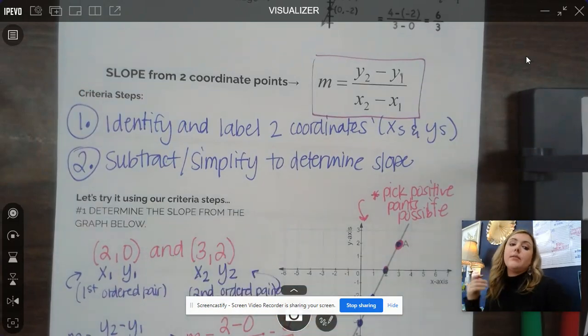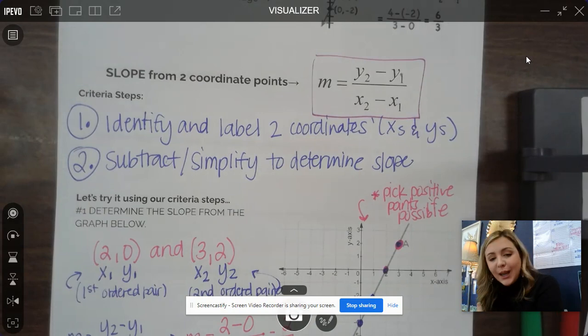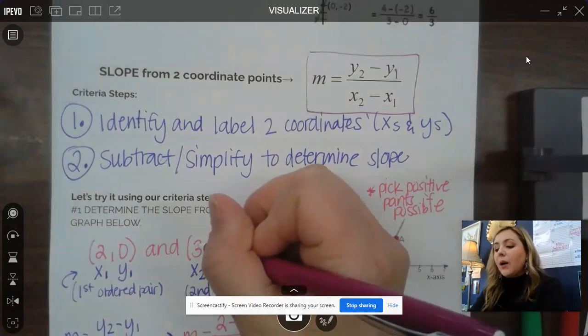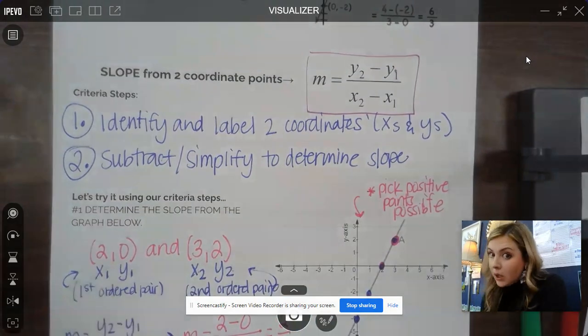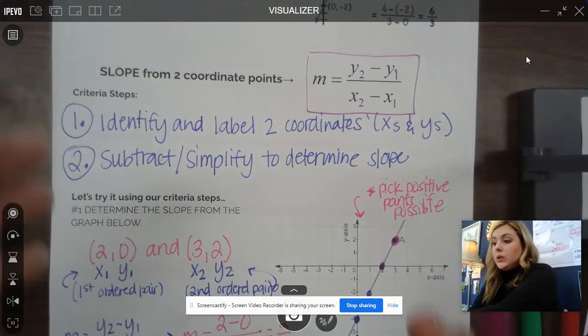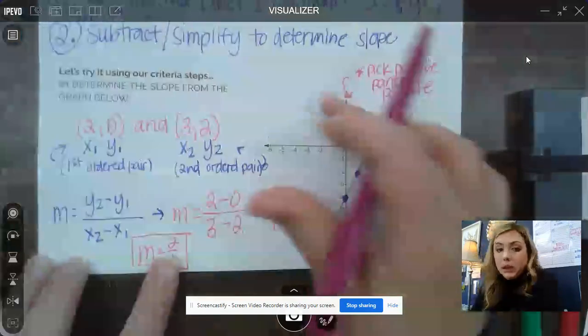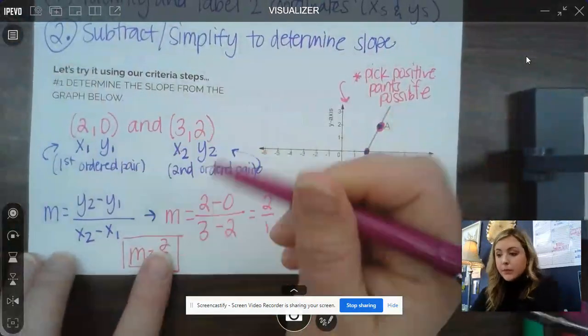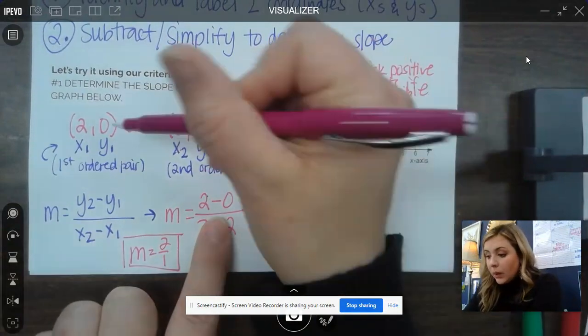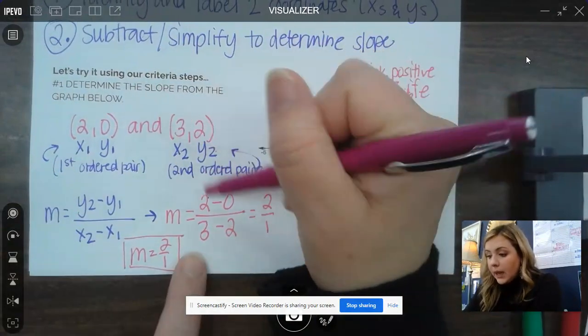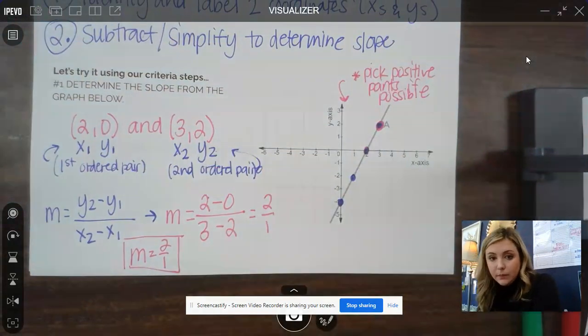It's the first x and the first y. And then for our second ordered pair, we're going to label that one x2 and y2. Now that we have it all labeled, you literally take those pieces and plug them into the formula. So you say y2, and you go find your y2, minus y1, divided by x2 minus x1, okay?